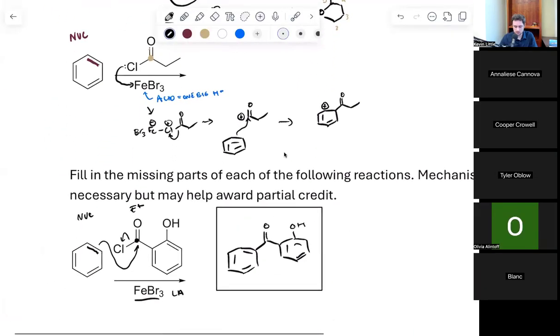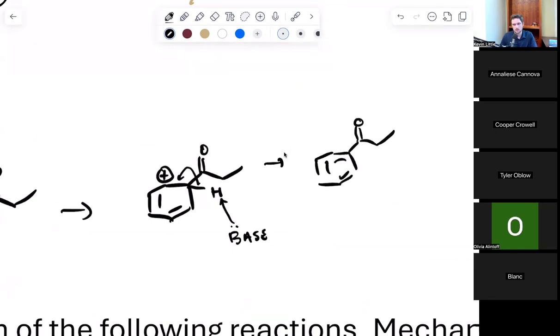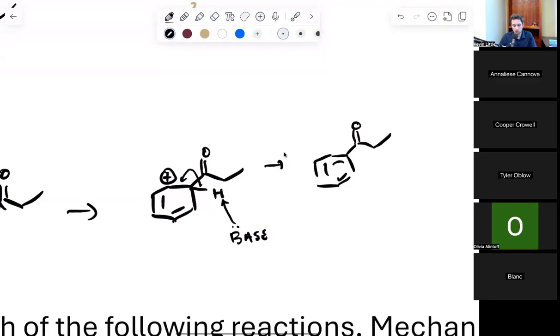In order to do this nucleophilic attack, yes, this carbon is going to lose out on electrons. The next step would be some sort of base taking this proton and you regenerate this benzene ring. Right? You're always going to regenerate.